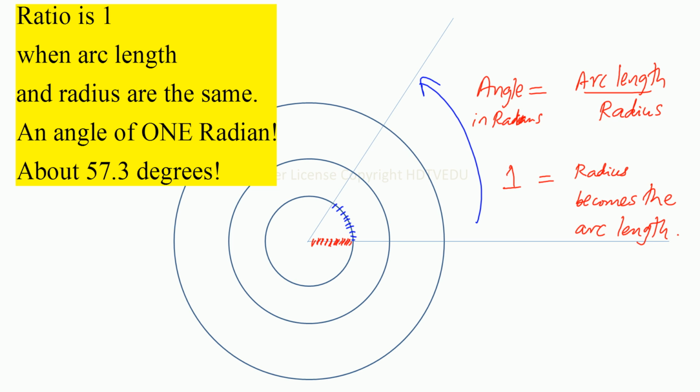Okay, so if you go to 2, twice the radius, what happens? All right, twice the radius. Again, right now we have, this is our radius, and that radius has to fit exactly here. And then we have the next one, and that has to fit exactly here. And that's when we have 1 radian as the angle.